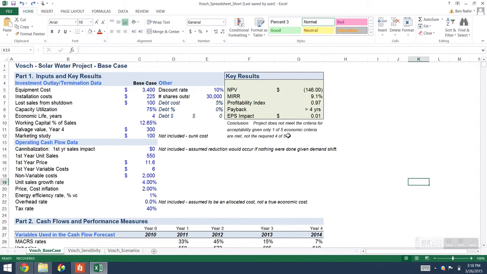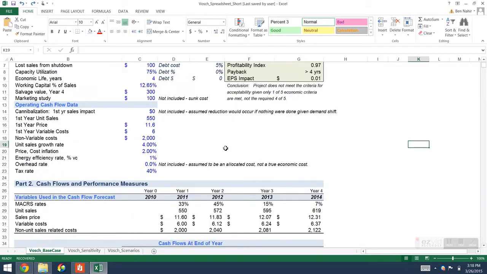Underneath the results is a brief interpretation of them and perhaps a suggestion about whether or not to approve this project. So you can see in this conclusion, the project didn't meet the criteria because, for instance, it was a loss. Maybe it didn't meet the internal rate of return cutoff, profitability index, whatever.